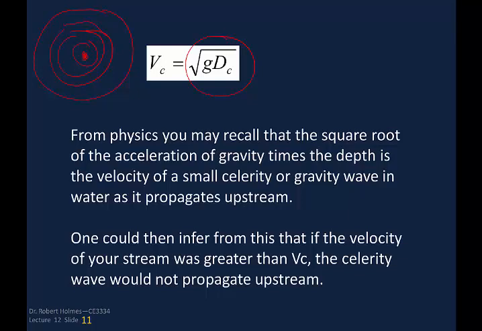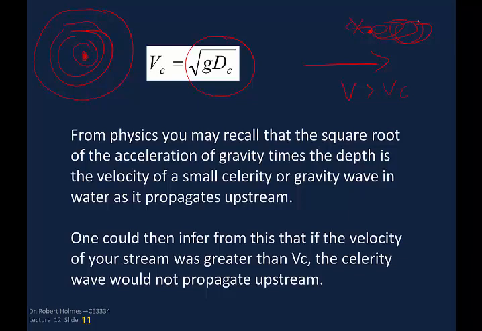So keep that in mind: if I've got a stream moving at some velocity that's greater than that Vc, and I have a pebble or some kind of disturbance, there's no way that I can propagate my disturbance upstream. That means the disturbance is only going to propagate downstream as the velocity moves. It moves so fast that it can't move upstream.